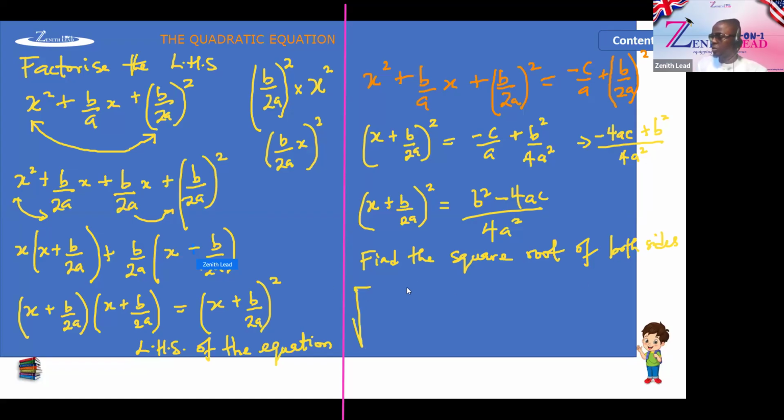The root of x plus b over 2a squared will be equal to the square root of b squared minus 4ac all over 4a squared.